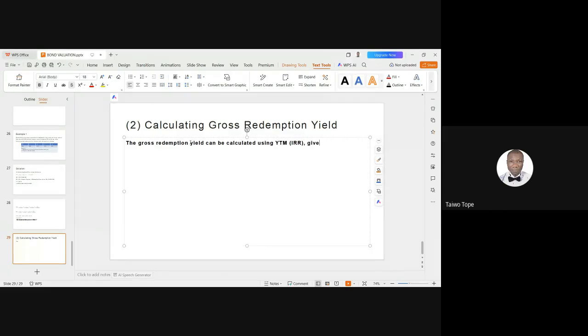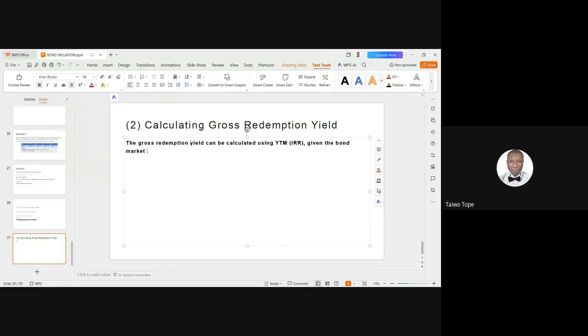Given what? Given the bond market value. Because for you to get your IRR at year zero, you need the current market value.